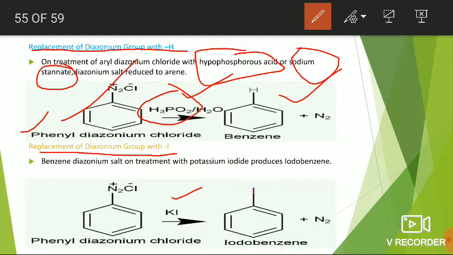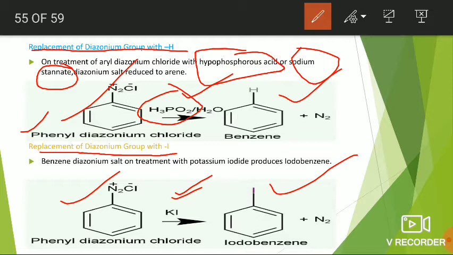Then we get the corresponding iodoarenes. If you take a specific example, phenyl diazonium chloride or benzene diazonium chloride on treatment with potassium iodide, we get the corresponding iodobenzene.